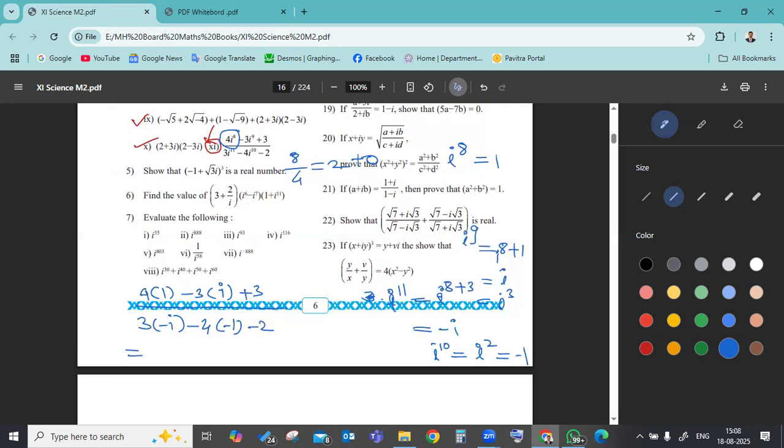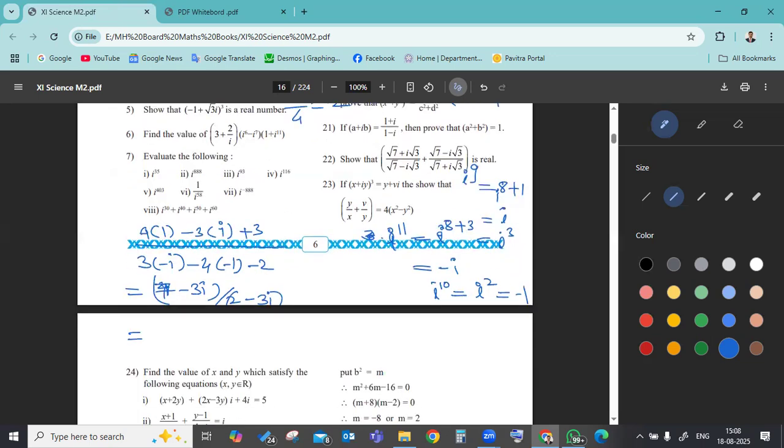So this gives us 4 plus 3, 7 minus 3I divided by minus 3I, okay? Minus 4 into minus 1 plus 4 minus 2, 2 minus 3I. It becomes 7 minus 3I upon 2 minus 3I.